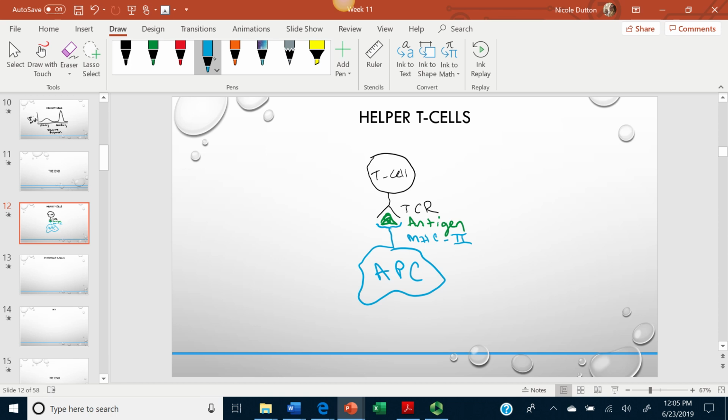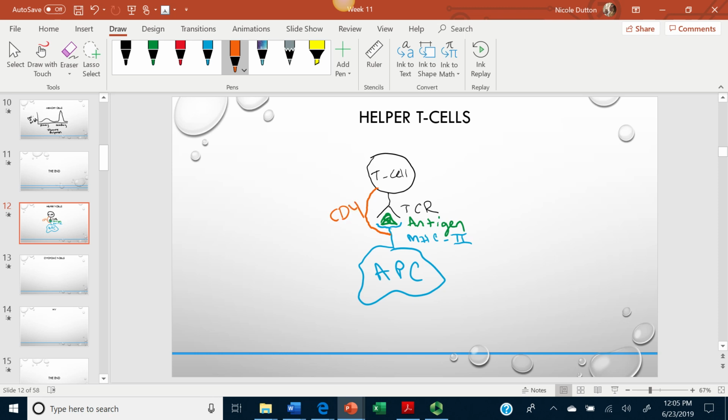So in step 1, the T cell receptor is going to recognize and bind to antigen that's presented on MHC class 2 of an antigen presenting cell. But that's not enough to get this to activate. We need another thing to bind, and that second receptor is going to go from the T cell directly to MHC class 2, and this is known as CD4.